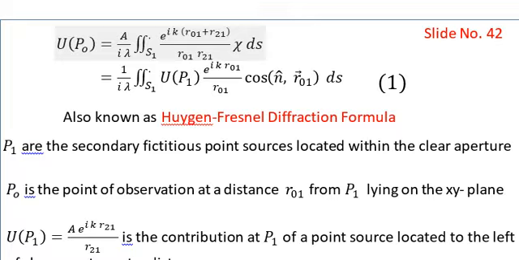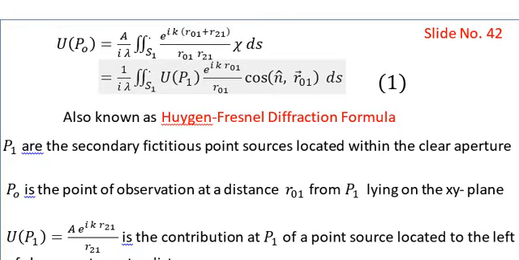Point P0 is the point of observation and point P1 was located within the clear aperture, and r21 is the distance of the point 2, which is the point source generating spherical waves, from the point P1 which is located on the clear aperture. We have given very much details about these formulas earlier.